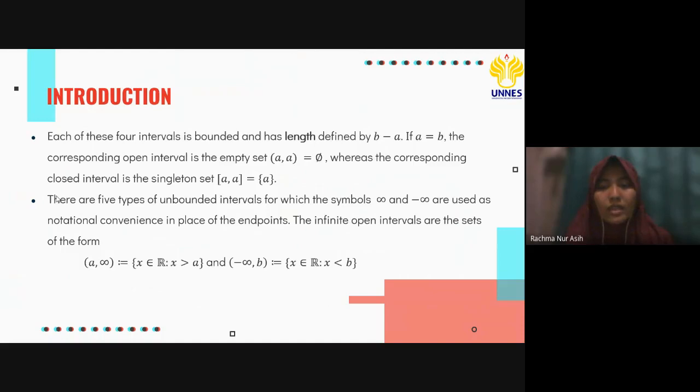The infinite open intervals are the sets of the form: the open interval from a to infinity, defined as the set of x in the real numbers such that x is greater than a, and the open interval from negative infinity to b, defined as the set of x in the real numbers such that x is less than b.